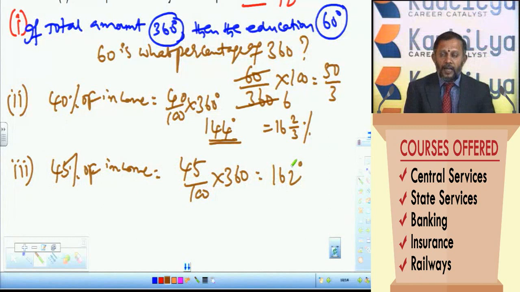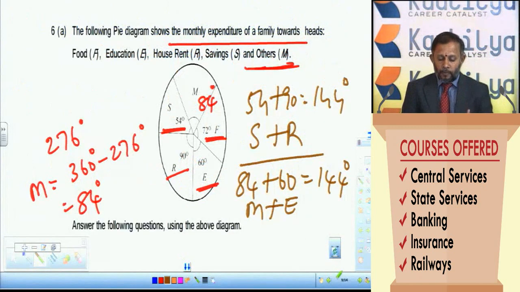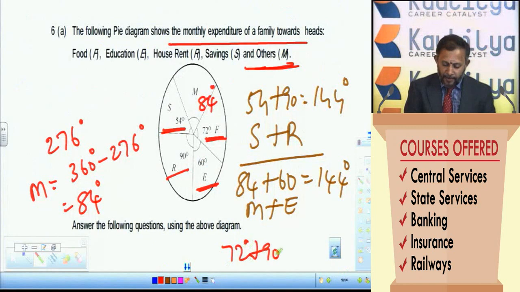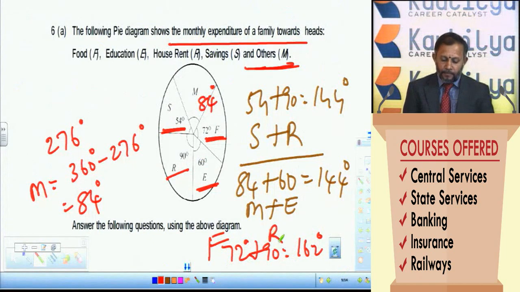So here we have to identify a set of two for which the total is equal to 162. So here we can observe that 72 plus 90 is equal to 162. So 72 for food and 90 for rent. So therefore 72 plus 90 is equal to 162. So that is the only combination possible.